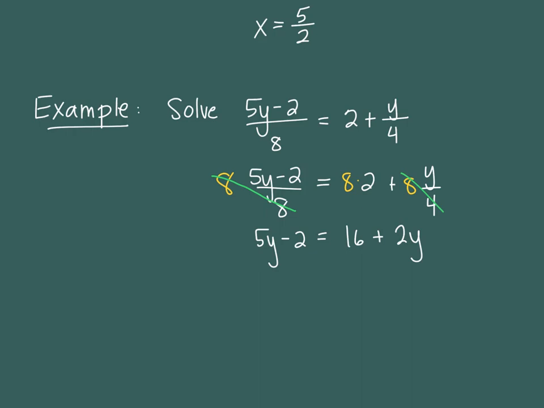Instead of having to worry about all the fractions, now you've cleared them out and you can just add or subtract. So now we'll move into subtracting. I'm going to subtract 2y from both sides. That will give me 3y - 2 = 16. Then I can add to both sides, giving me 3y = 18.